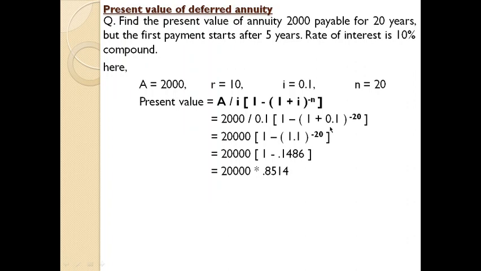I think you are aware of how to find a number raised to any power, whether positive or negative. Since here it is a negative value, I hope you are aware of the steps to be followed to arrive at this number. So anyway, you will get rupees 17,028.